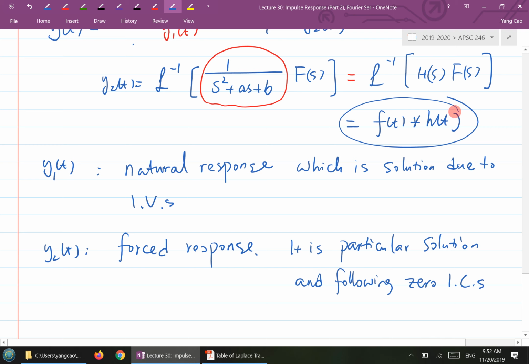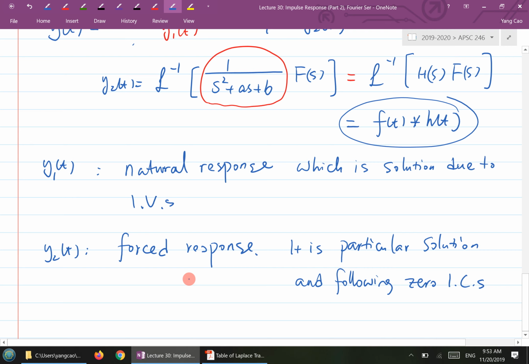If you look at the second term, there are no initial conditions involved here, right? And this is true for any linear system. Your output will always consist of two parts. One part is the natural response, another part is the forced response.